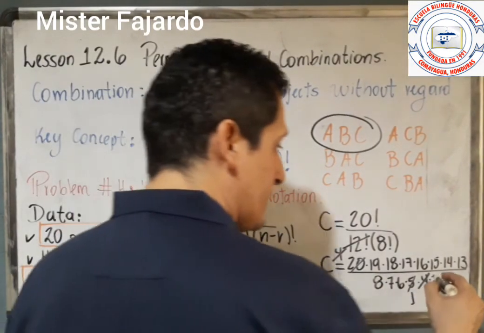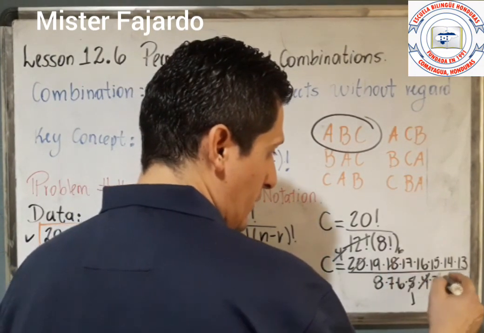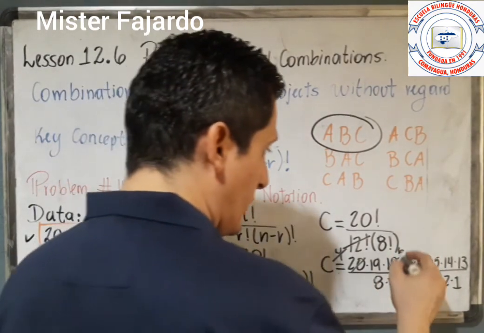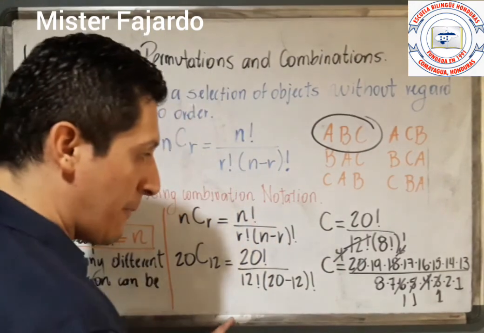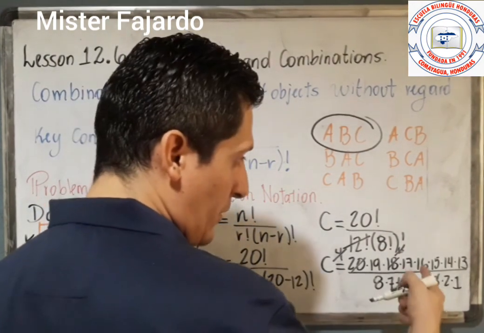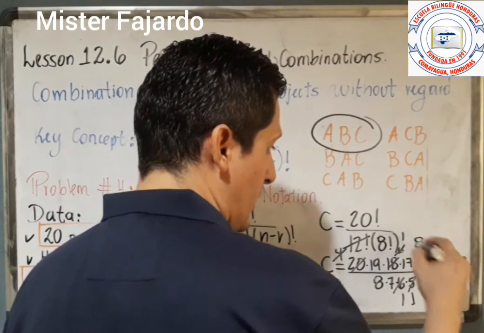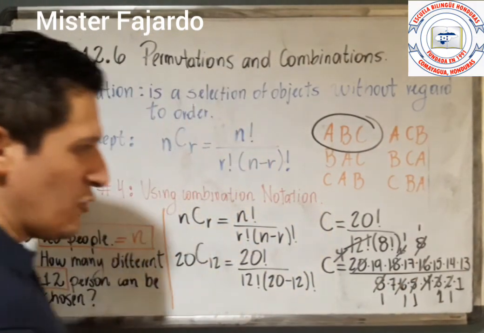For example, you can also divide this by 3, it's going to be 6, and this by 3 is going to be 1. 6 and 6, I can eliminate these two, it's going to be 1 and 1. I have 8, I have 7, I have 2, but I can also simplify with 16, for example. It's going to be 8, and that one is going to be 1, 8 and 8 is going to be 1 and 1, and you can continue doing that.